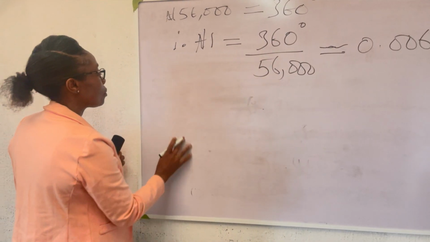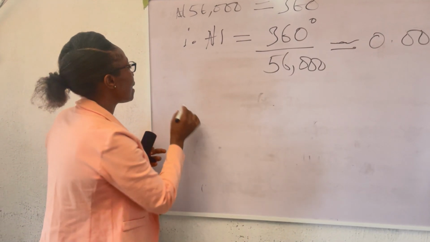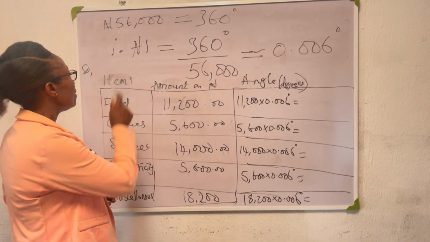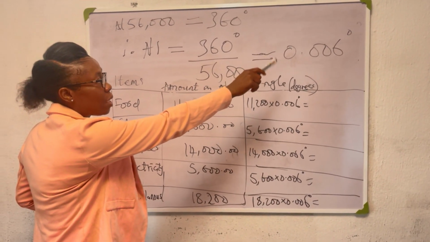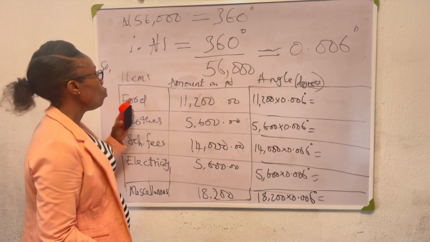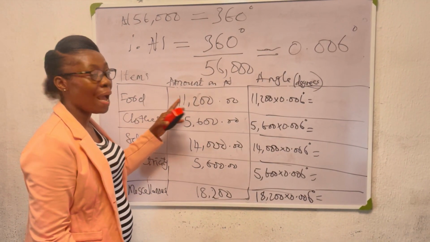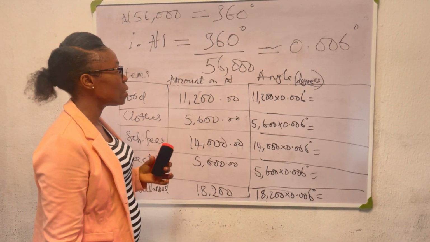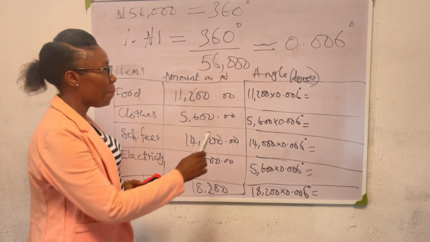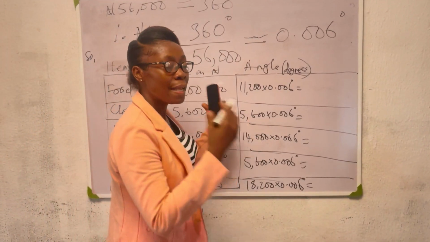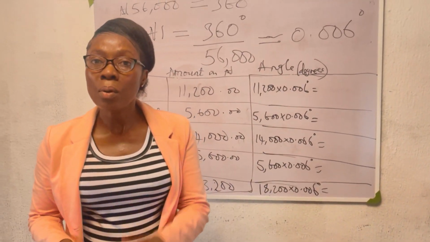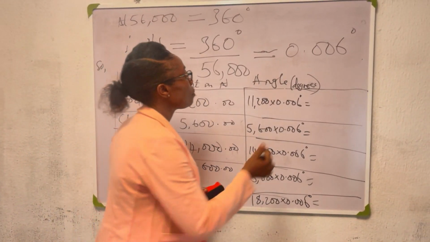Now, let us draw a small table. Since 1 naira is 0.006 degrees, we are going to multiply the amount spent on each item by 0.006 degrees to get its angle equivalent.